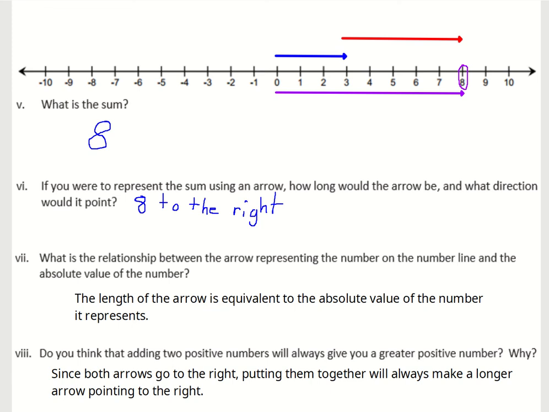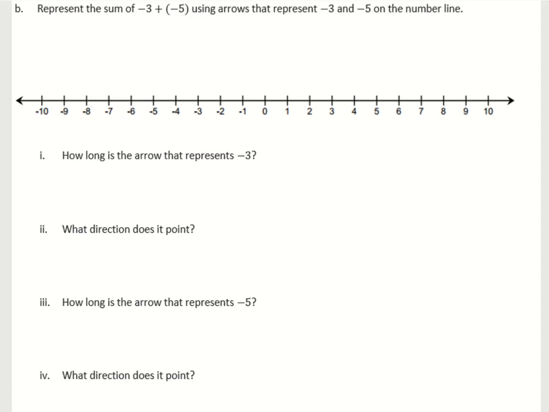Now, we've worked with adding together a positive number and a positive number, but what if we were adding together a negative number plus a negative number? Well, it asks us to represent the sum of -3 plus -5 using arrows that represent -3 and -5 on our number line. Well, we can do that.